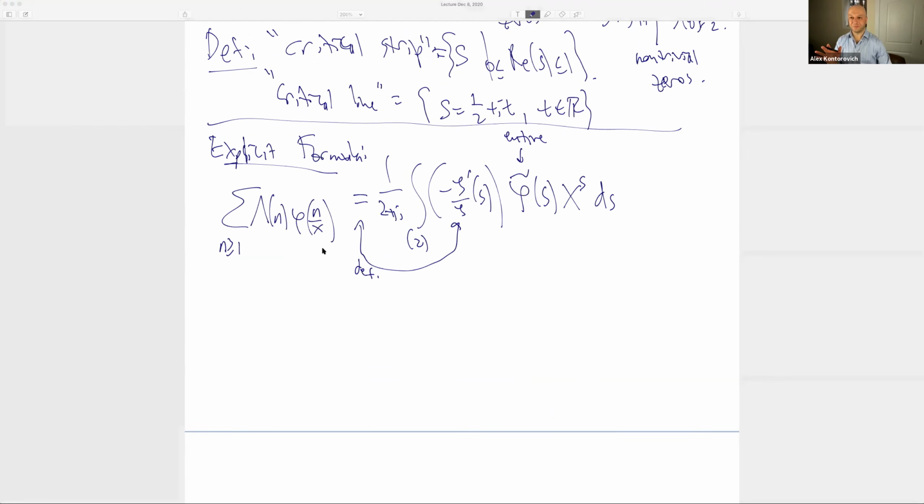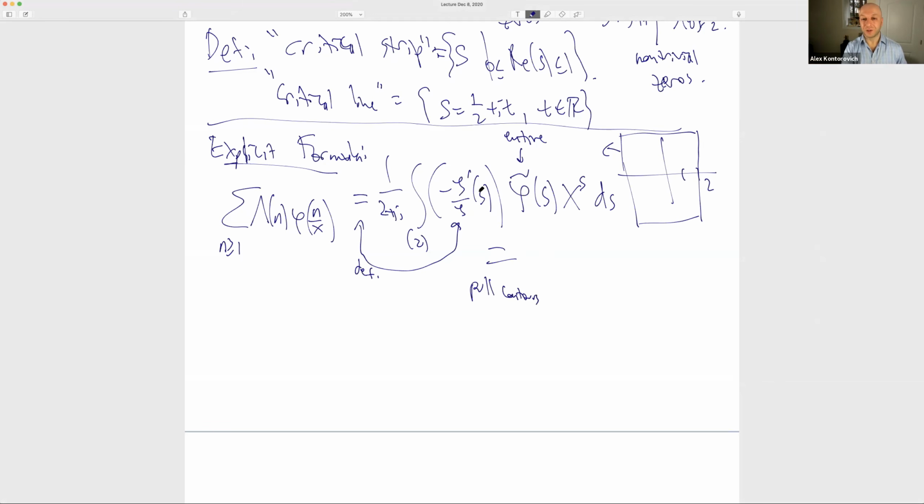You guys remember that? And then the other thing we did is we pulled contours from the vertical line 2 back all the way to infinity. I mean, back forever. And we picked up, this is entire, this is entire.